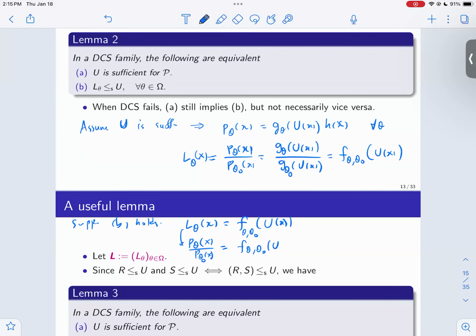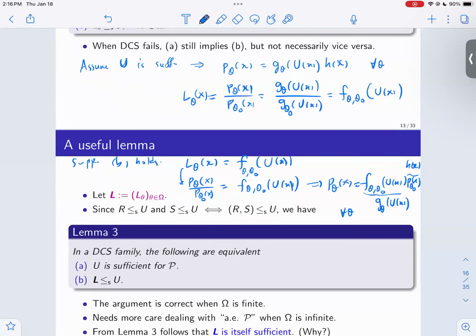And then you multiply both sides, you get P theta of X equals F theta theta naught of U of X times P theta naught of X. So this is really H of X, which doesn't depend on theta, and this is some G theta of U. Theta naught is fixed, so this holds for any theta. So really we have this factorization, hence U has to be sufficient by the factorization theorem.